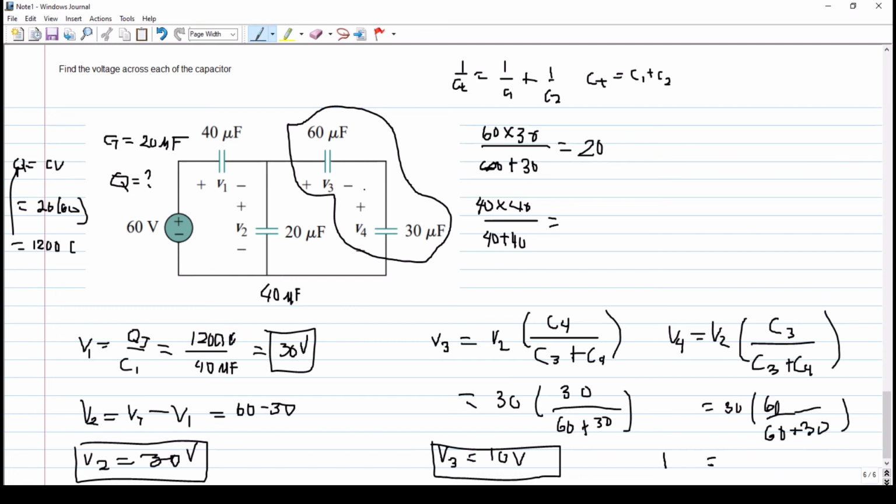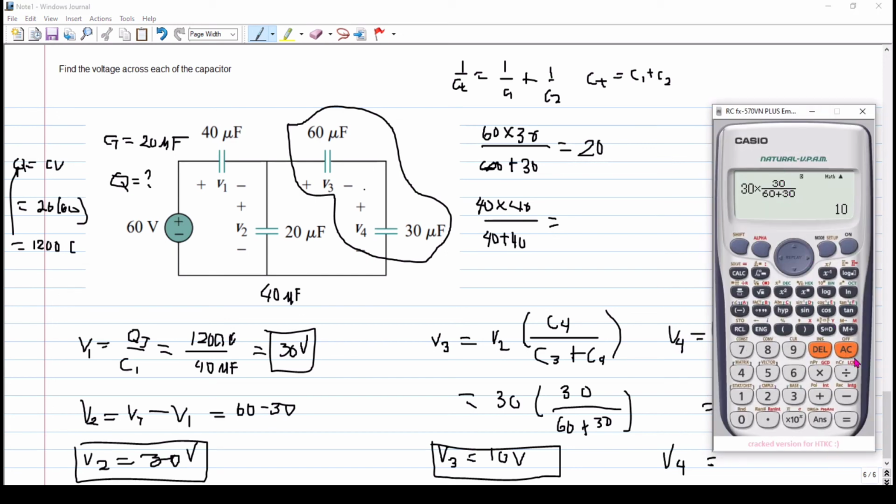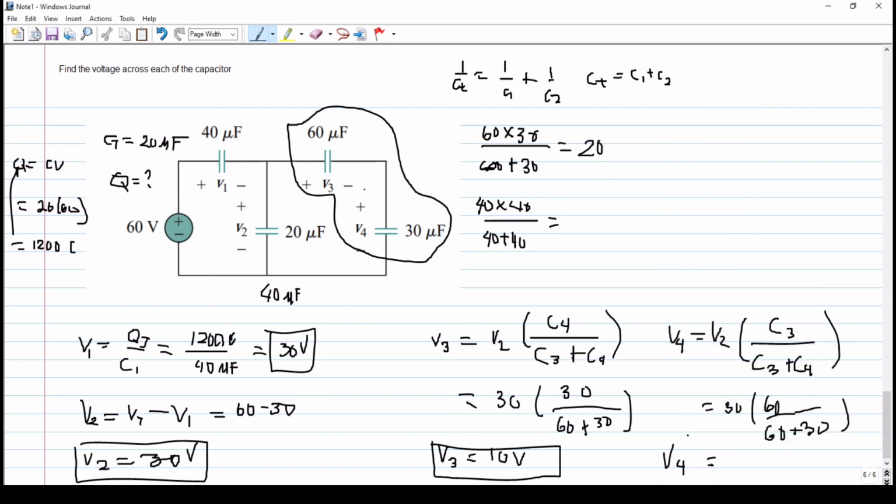So to calculate V4, 30 times 60 over 60 plus 30, that is 90. Okay. So therefore, the V4 is equivalent to 20 volts.